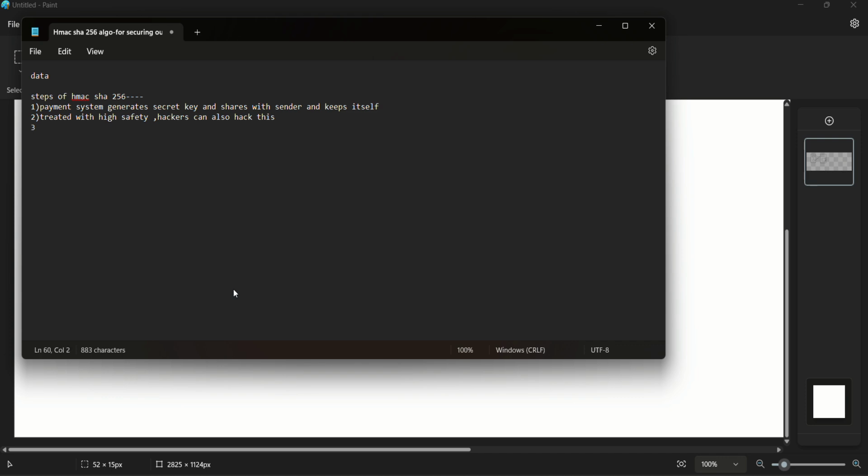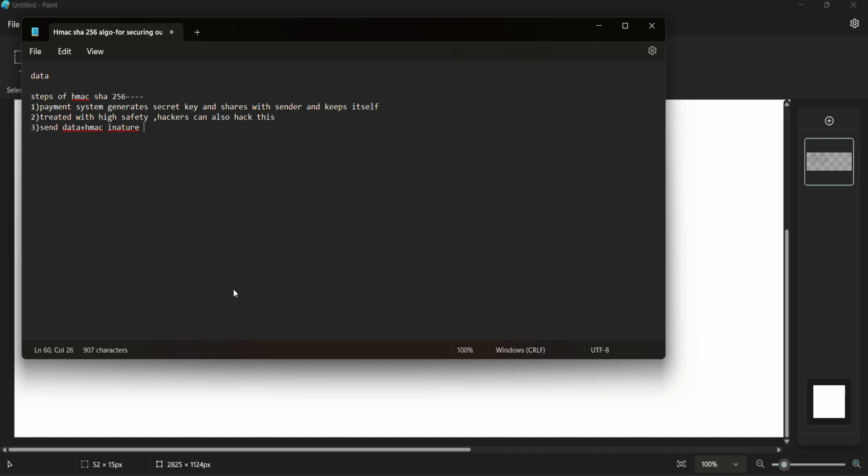Third point is you can ask e-commerce, while sending data along with the request, to also generate an HMAC SHA-256 signature using the secret key which we shared in step 1. Send data plus HMAC signature.